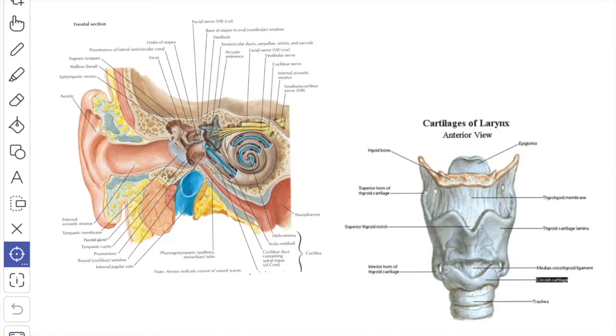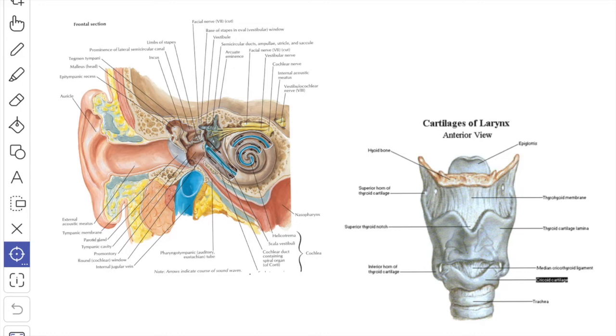When you see the distribution of the elastic cartilage, it forms the structural basis of the auricle or the pinna and the lateral part of the external acoustic meatus, then the wall of the medial part of the auditory tube, the epiglottis, and two small cartilages, the corniculate and the cuneiform cartilages. So these are made up of elastic cartilages.